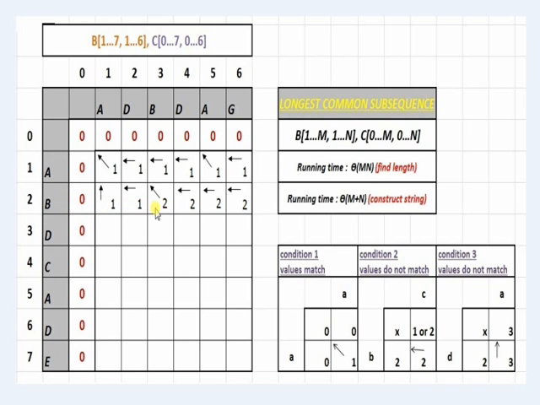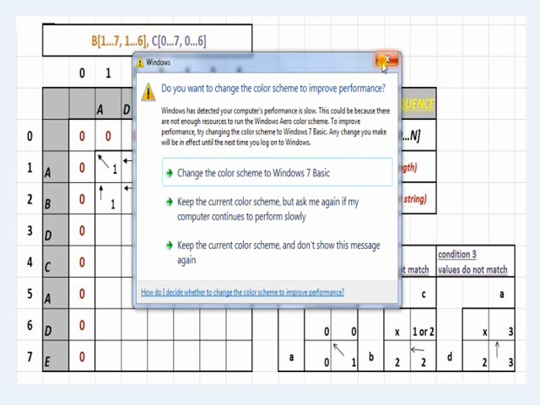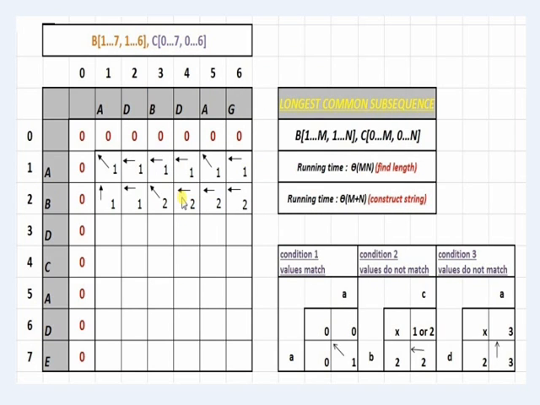So 1 plus 1 will give you 2. Now we are filling the entire row, and we are going to fill the entire array in a similar manner. So here is your final output.